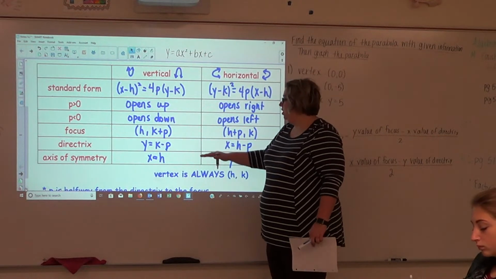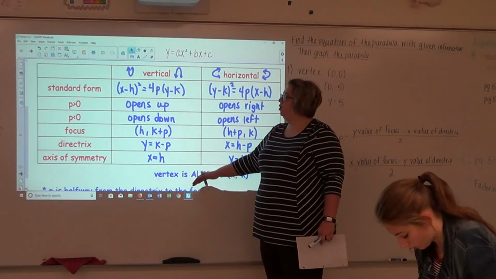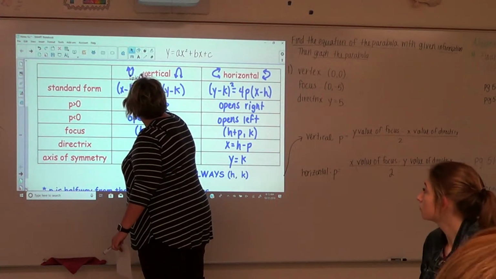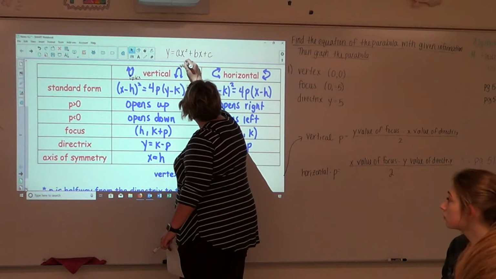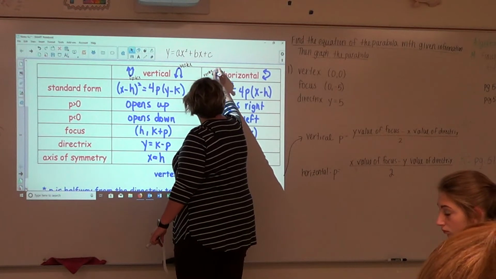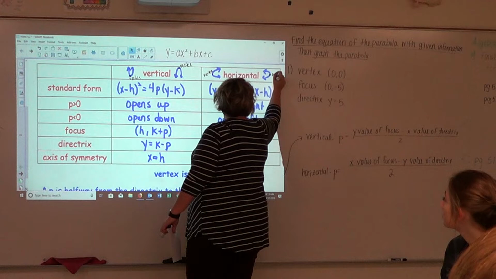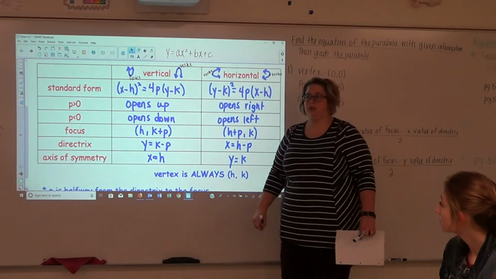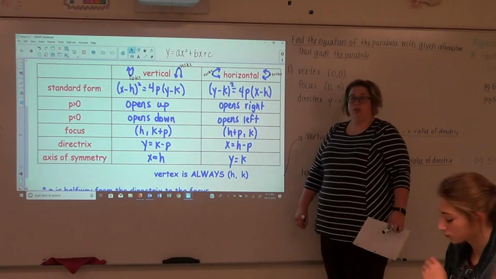Okay? The vertex of a graph, like this right here, that's a vertex. So how would you describe a vertex? Point where the graph does what? Turns, okay?